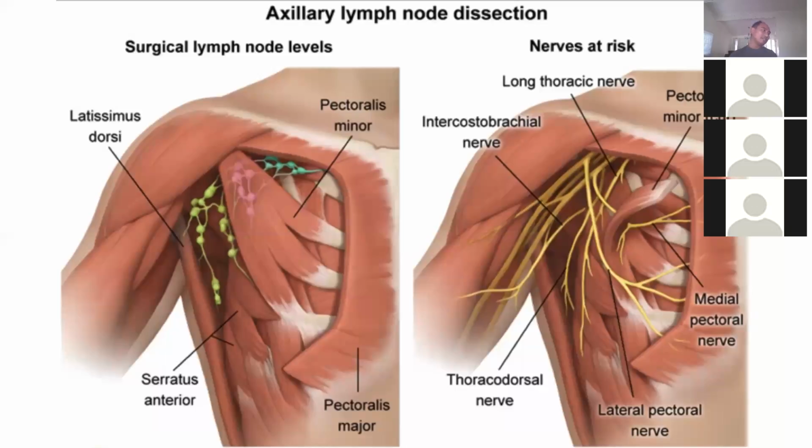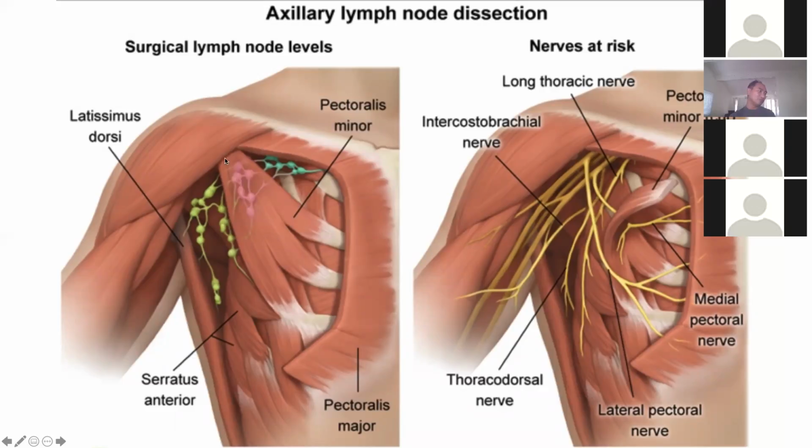So if you look at that, where are the lymph nodes in the axilla? These are the lymph nodes in the axilla. This is the pectoralis minor muscle, which you know. And here I want to introduce the serratus anterior muscle.